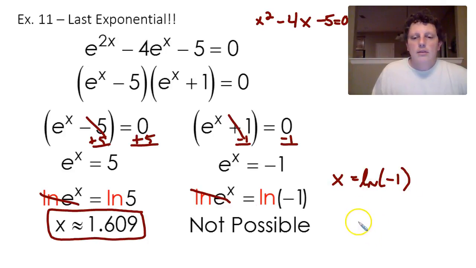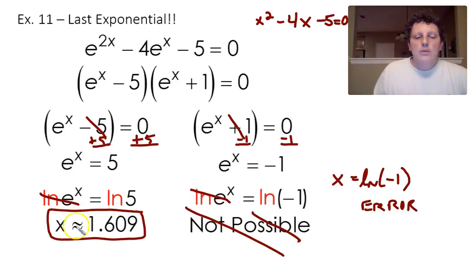Put that in your calculator. What happens? Your calculator throws up some weird error message and says, I can't do this. It's not possible. Since it's not possible, that means that this factor does not yield a solution that you can use, and the only solution is going to be about 1.609.